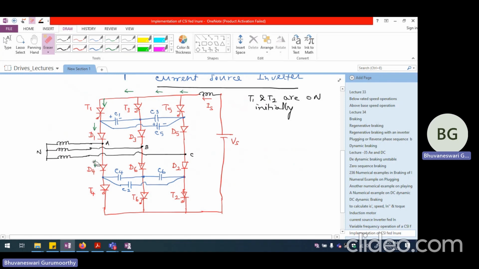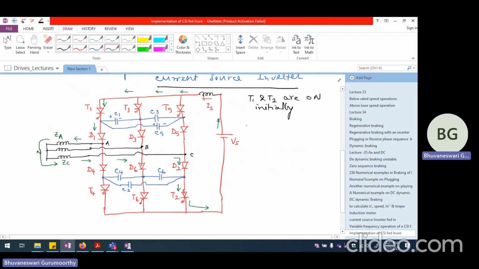It will flow through the A phase. So this is A phase winding. And it is going to return through, if T2 is conducting, this is ZC. So it will flow through this and ZC, and it will flow through D2 and T2, and then it should return to the negative of the source side. So from the positive, it will start and it will flow like this.